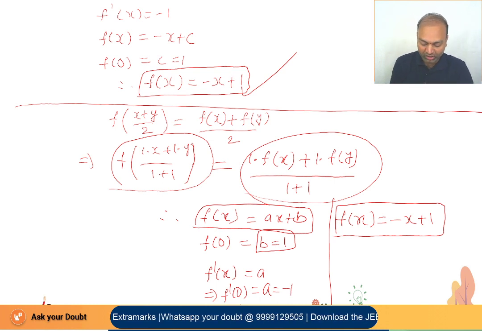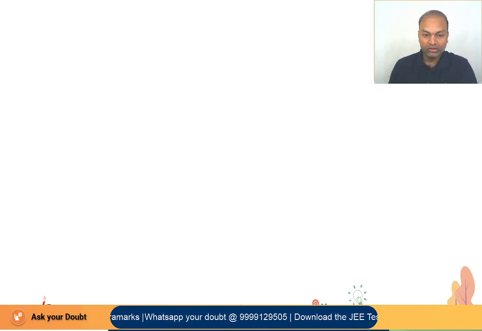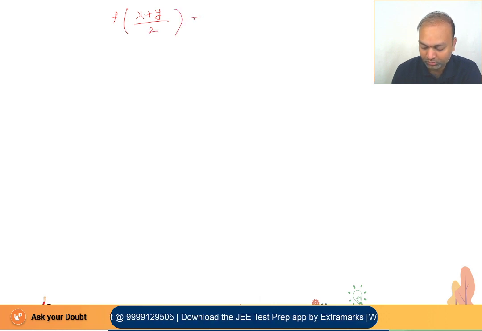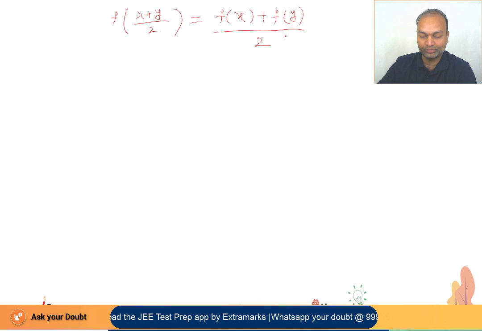Just observe that third method. f of (x + y)/2 is equal to (f of x plus f of y) whole divided by 2.